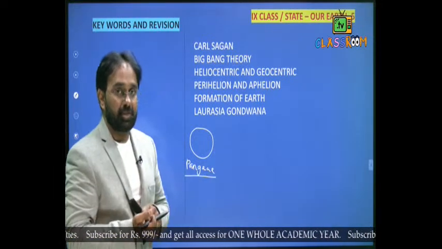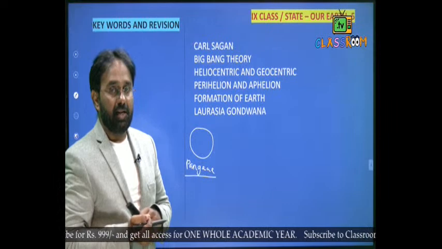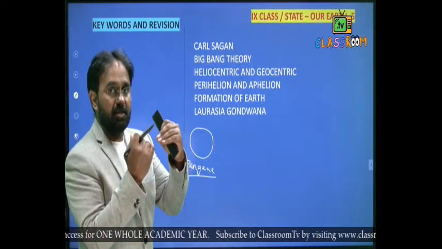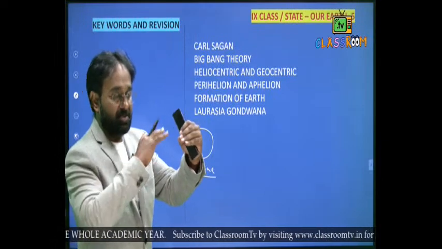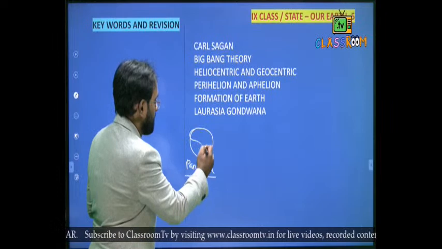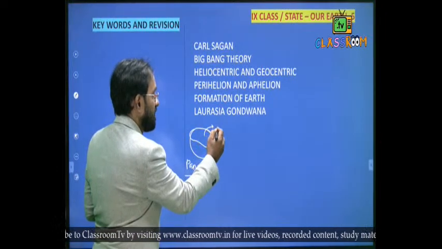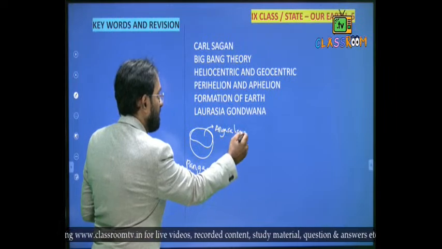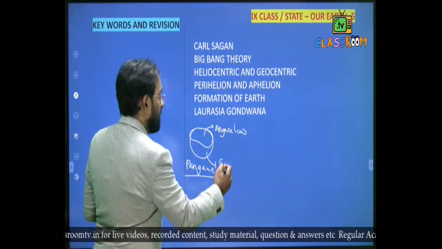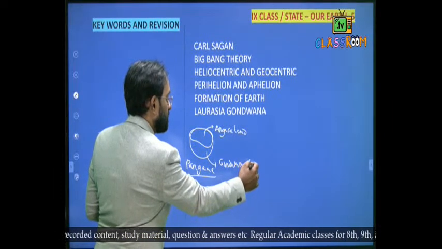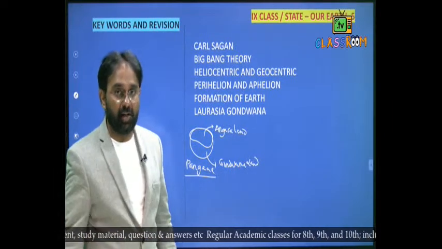This Pangea has two important divisions, divided into northern and southern regions. One is called Angara land, and another is called Gondwana land.